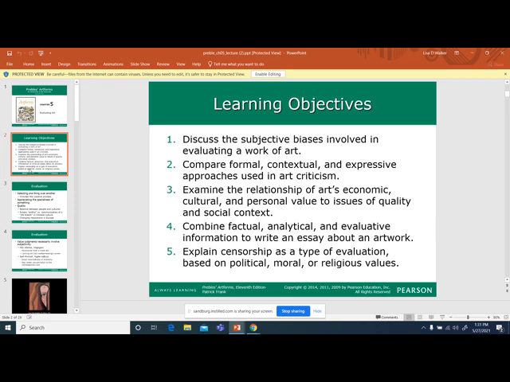That is something that is culturally and socially relevant. And for many people, it's very personally relevant too. We're going to look at these different ways of analyzing and how that shakes out when people write about art, because there are people who are critics whose job is to write about art, believe it or not. And we'll also talk about censorship and how that shakes out.